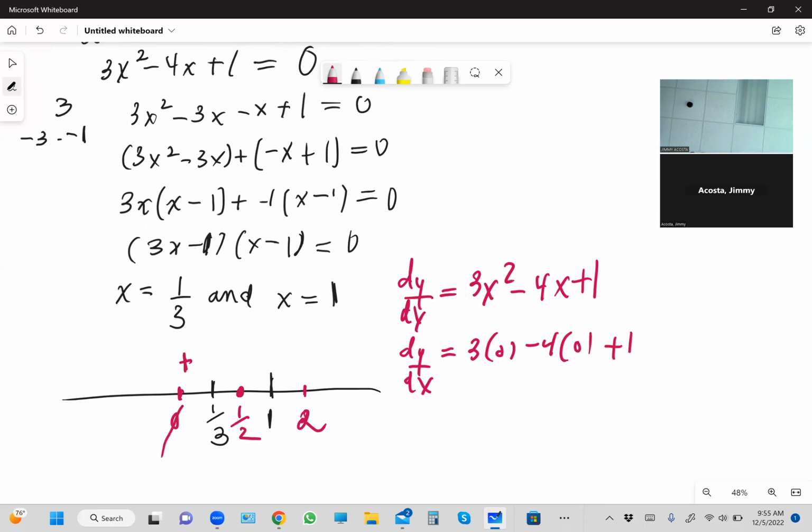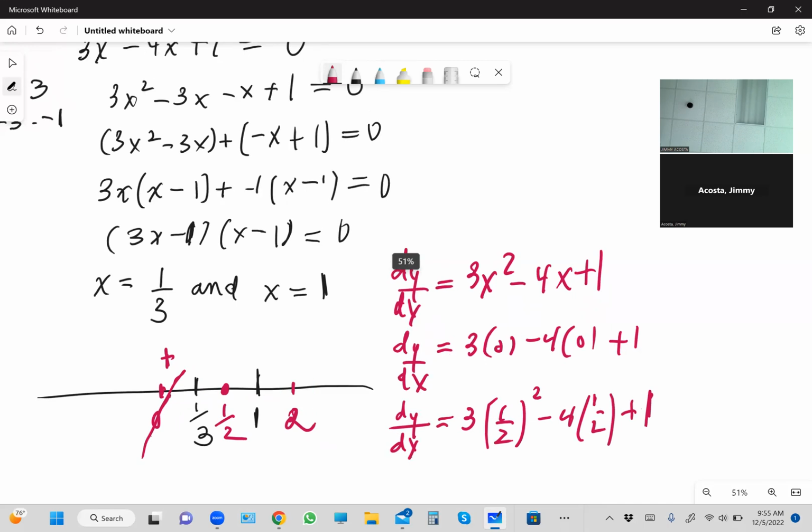Right here, it's going this way, right? So let's go ahead and pick half. dy dx equals 3 times half squared minus 4 times half plus, I think my pen is running out of ink.